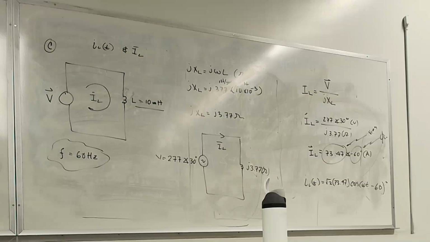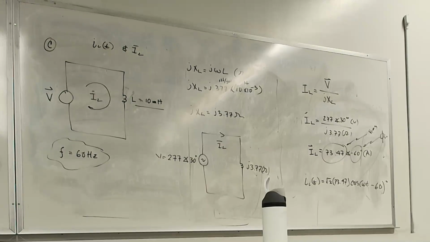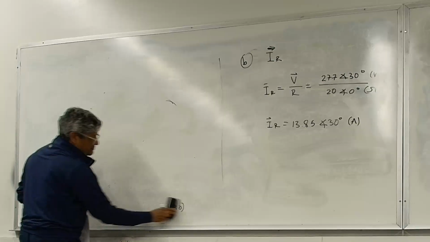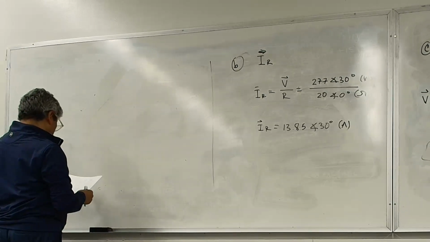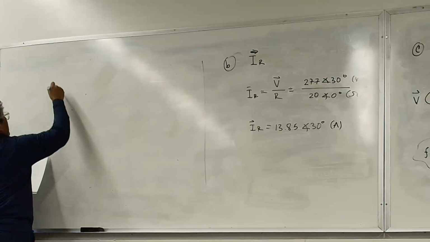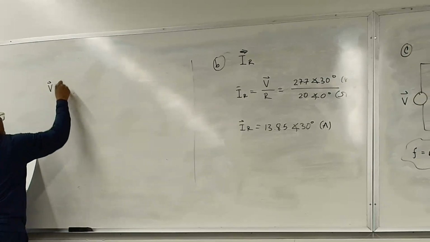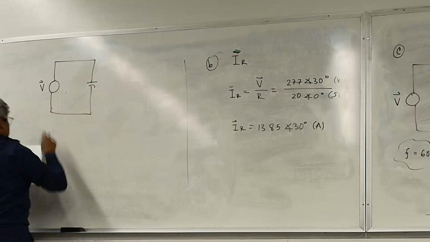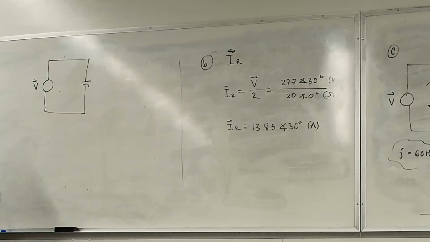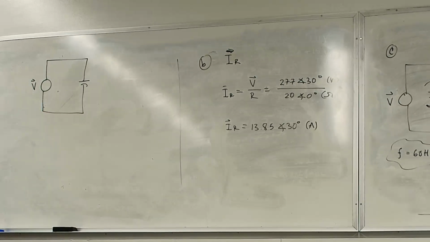Everybody okay? All right. The last one is they're saying, what if you have the same circuit, but instead you replace the impedance by a capacitor. So V again, here's my source, here's my capacitor.